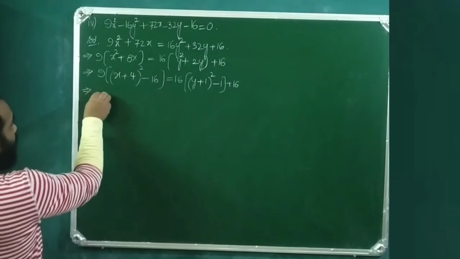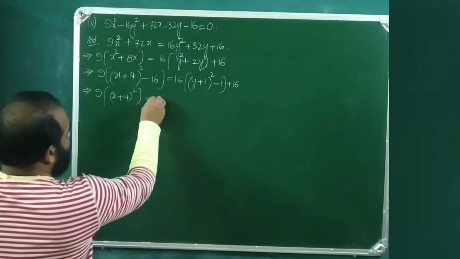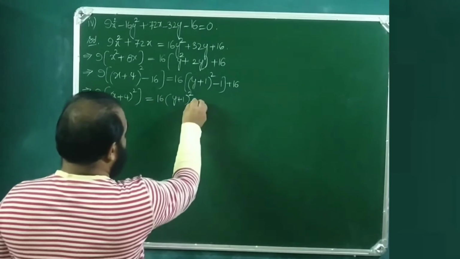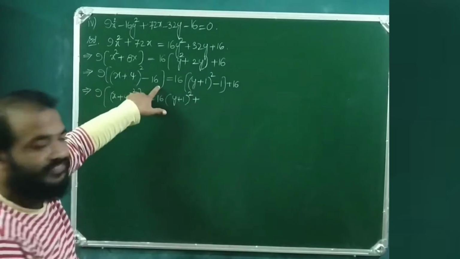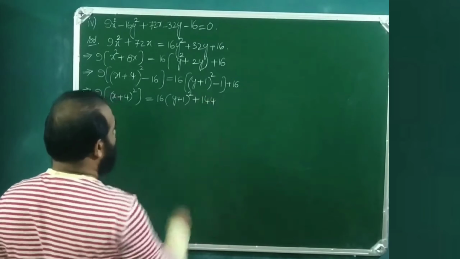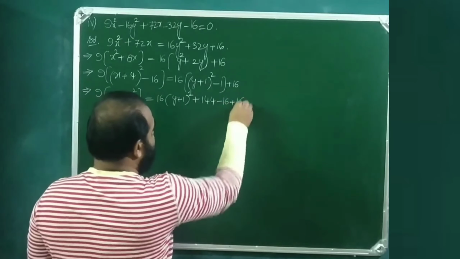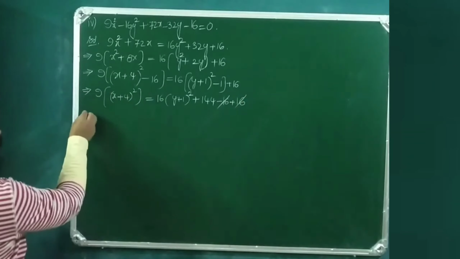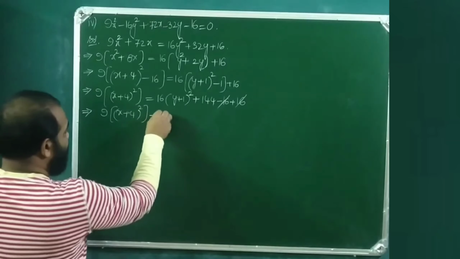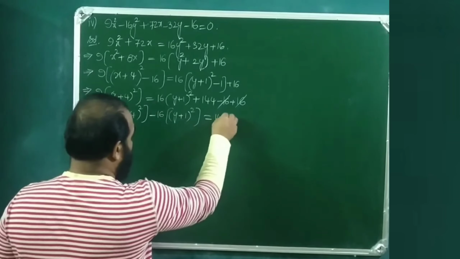So this is 9 into x plus 4 whole square equals 16 into y plus 1 whole square plus 9 into minus 16, which is minus 144; taken to that side it is plus 144. 16 into minus 1 is minus 16, plus this 16 is the same, so these two cancel. So 9 into x plus 4 whole square minus 16 into y plus 1 whole square equals 144.